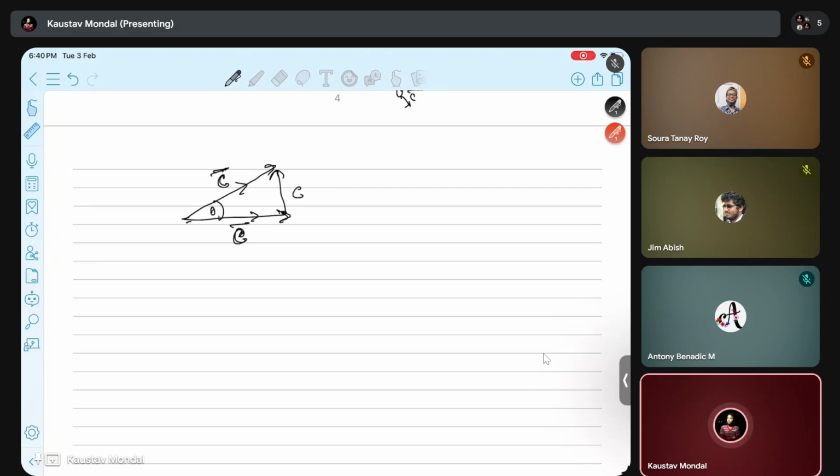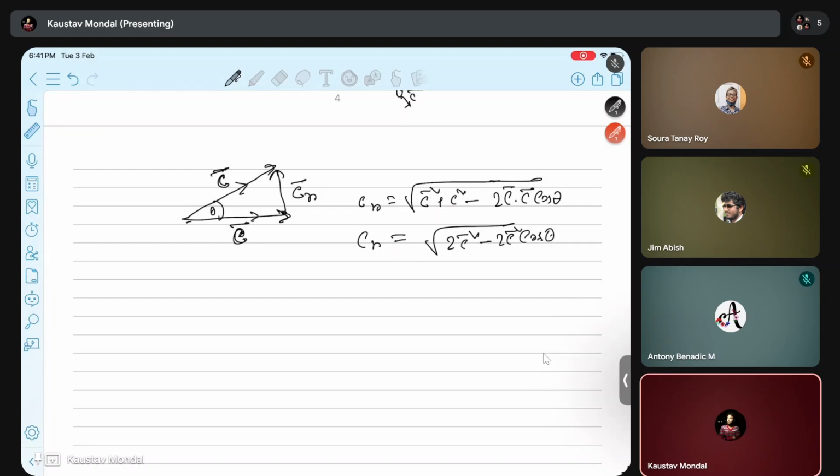And if cr is the resultant velocity, then we know cr squared is c bar square plus c bar square minus 2 c bar into c bar cos theta, right? So this gives you cr equal to the square root of 2 c bar square minus 2 c bar square cos theta.